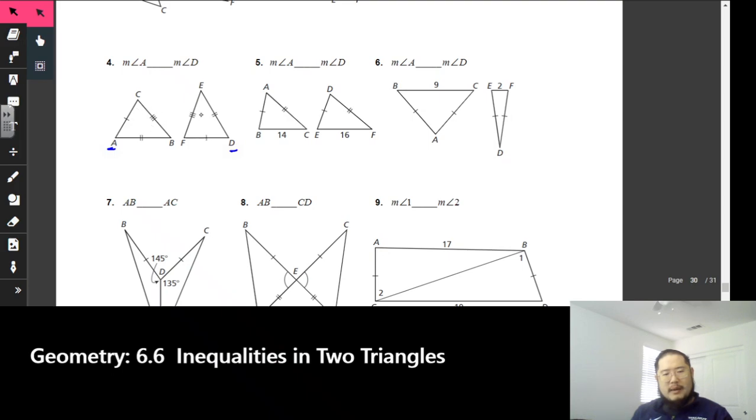All three sides happen to be congruent of each triangle. So that right there should tell me that angle A is equal to measure of angle D, because no sides are greater than the other.